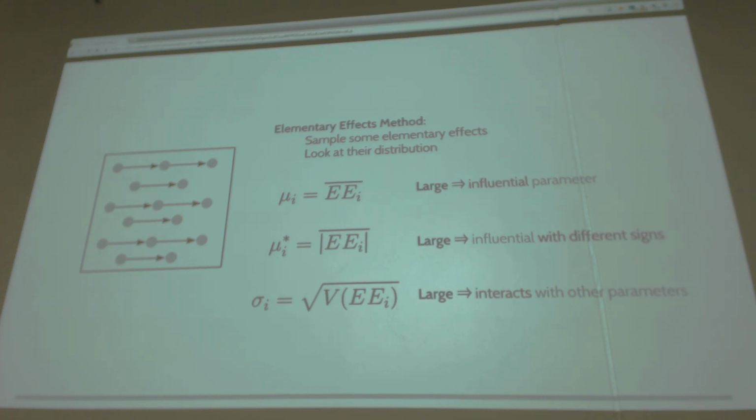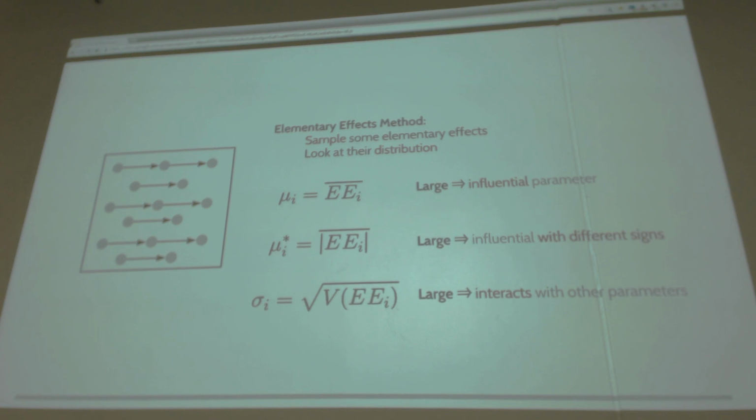If you sample a lot of elementary effects from the input space, you can look at the value of each of these effects. For example, if it was consistently positive, then it probably means that your factor has a consistent positive influence. Or if it was consistently pretty large, but only by absolute value, then your factor is probably influential, but with different signs in different parts of the input space.